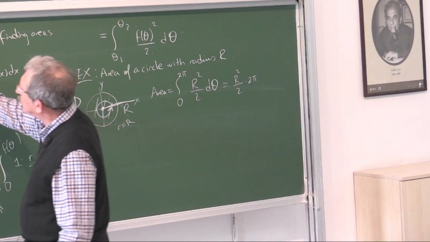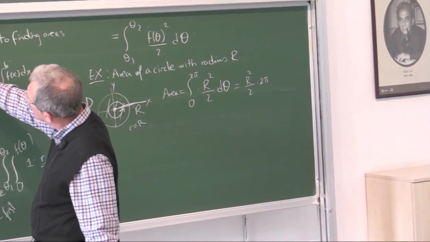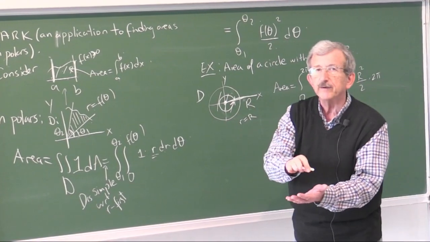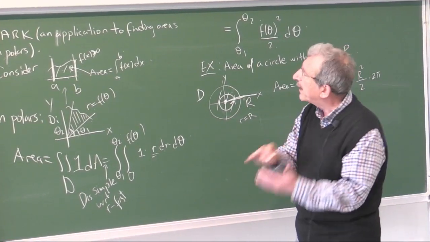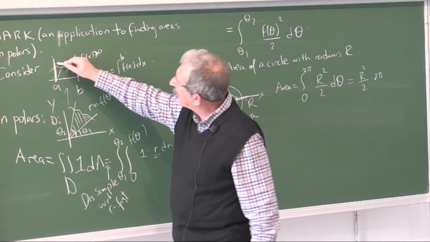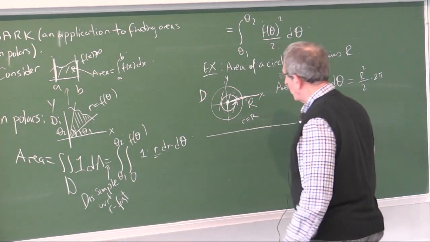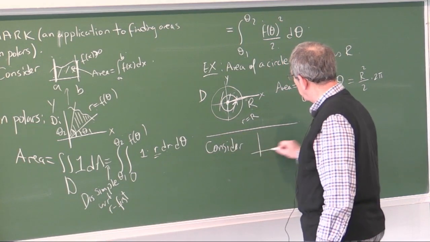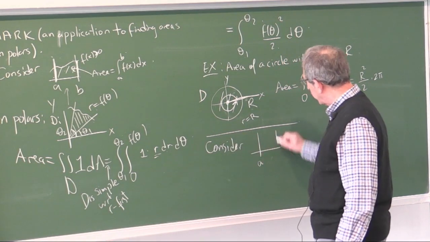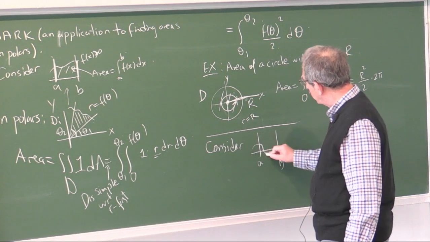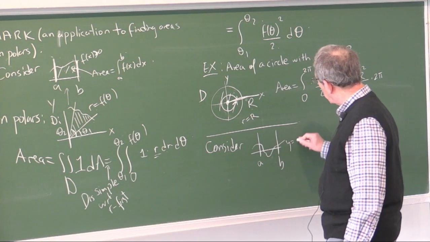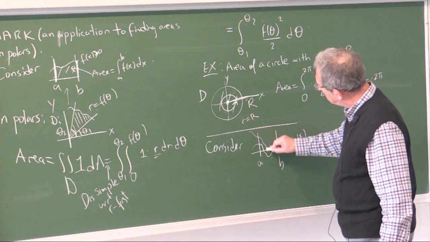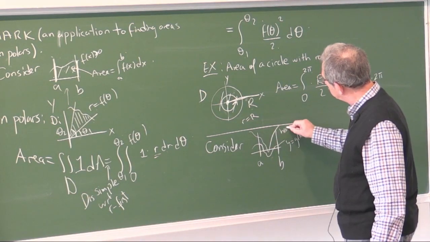Well, one generalization: if you have a region bounded by two curves, one bigger than the other, then recall, consider the following figure. We have a and b, we have some g of x and some h of x.